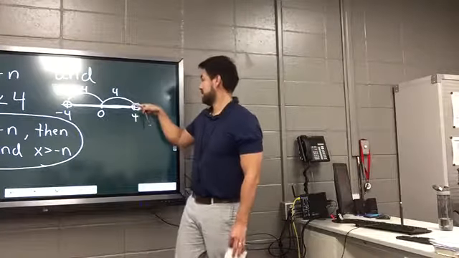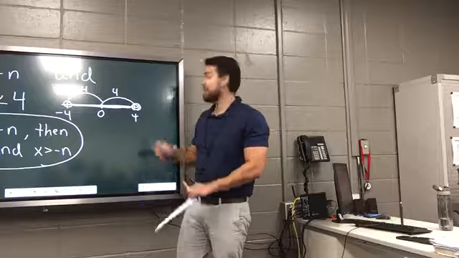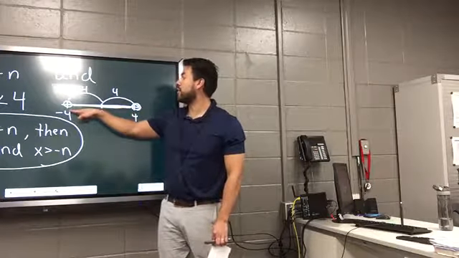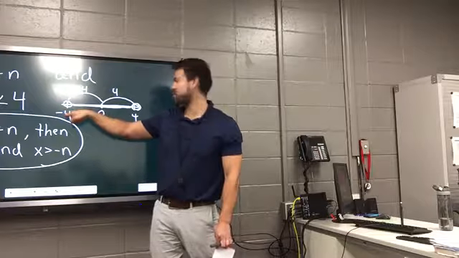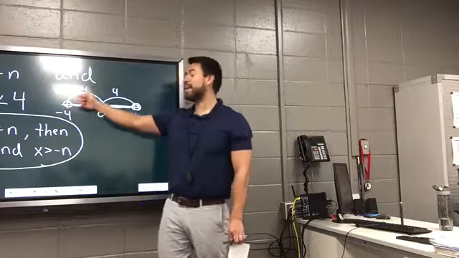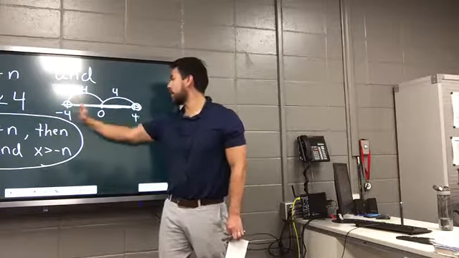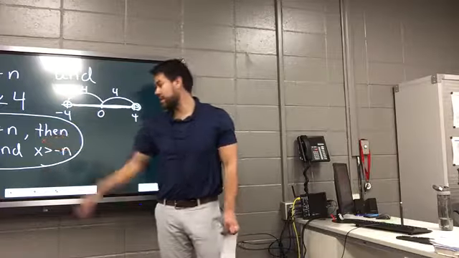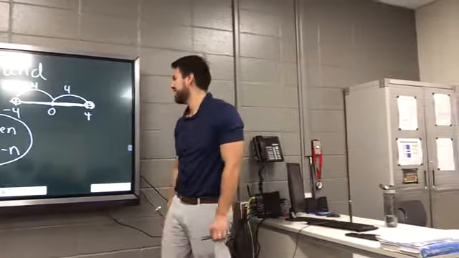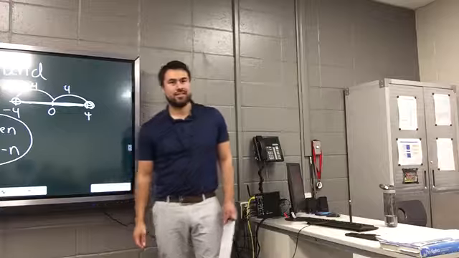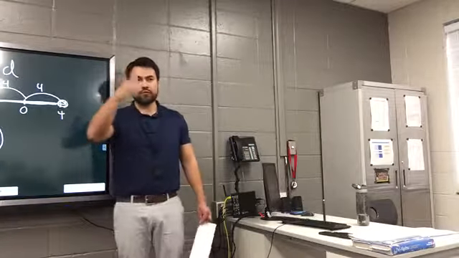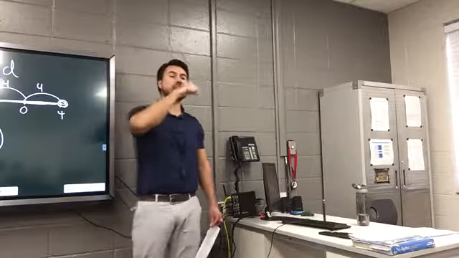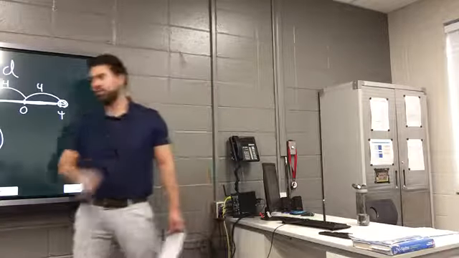Because that means it would go that way. Less than 4 is this way, and then greater than, what number am I pointing to? It's greater than negative 4. So it's this space in between. I wrote x is less than 4 and x is less than negative 4, so I should change it to greater. Yes, it should be x is less than 4. You got that right. And x is greater than negative 4.